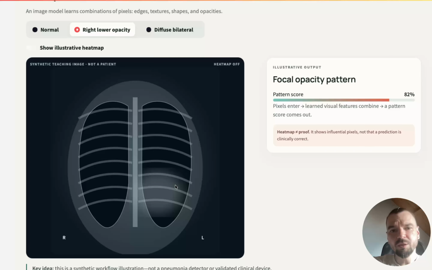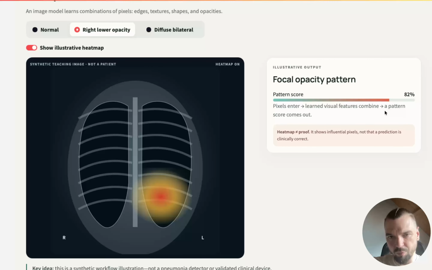And it knows that if there is something in this part of, for example, the lungs, and it was previously highlighted by clinicians in the labeled dataset as something that requires attention, then the AI model will highlight it also as something that requires attention, in this case with quite a high probability.